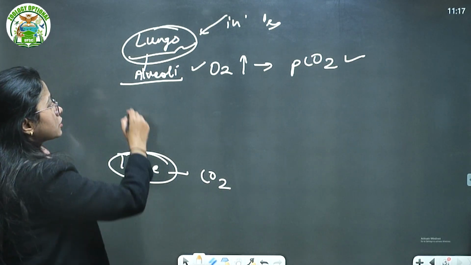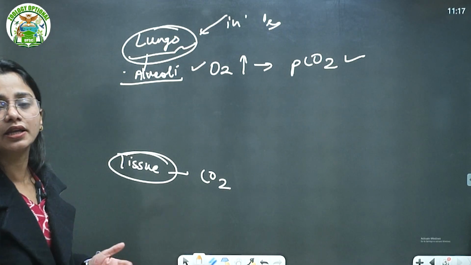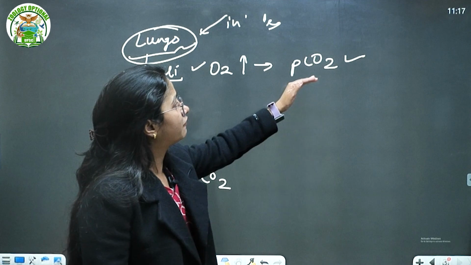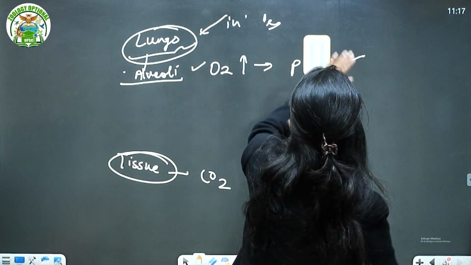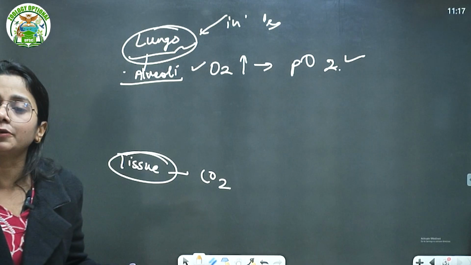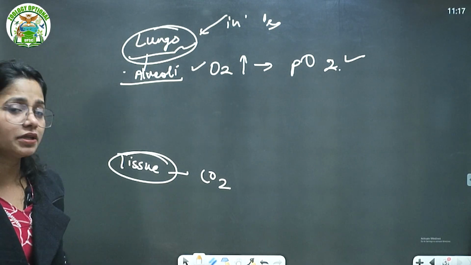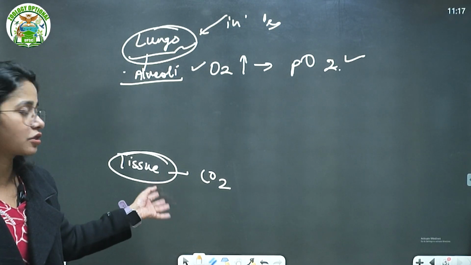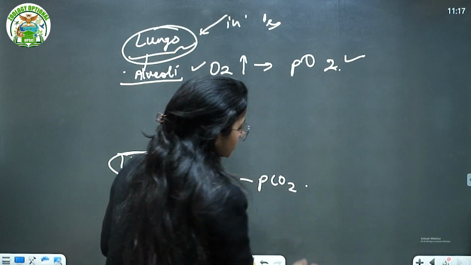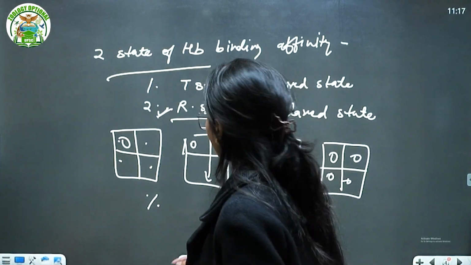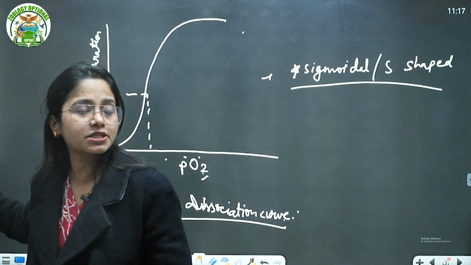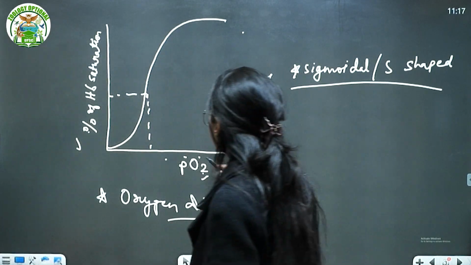So the blood binds in the alveoli, in the lungs region, with a very high affinity because of the very high molecular pressure of the oxygen. But in the case of the tissues, here the PCO2 is very high. So now we get these 3 points: the percentage hemoglobin saturation, the T state and the R state, and now the PO2.